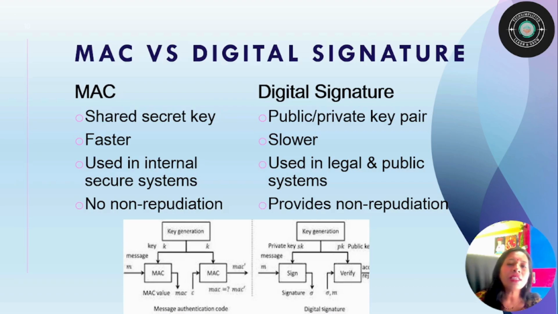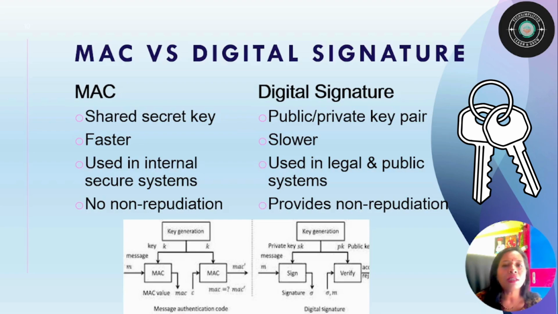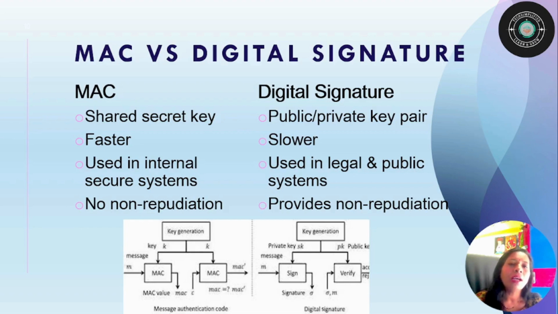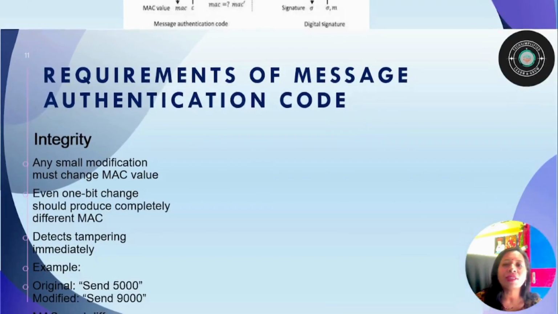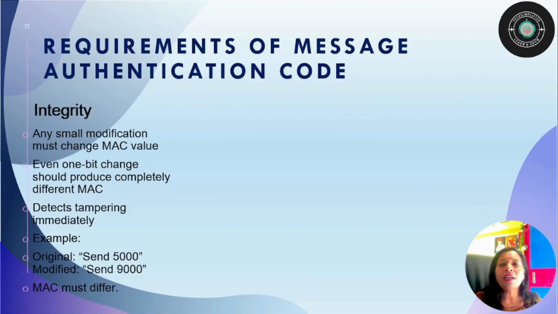While the digital signature uses asymmetric keys, where public and private key pairs are used, it is slower compared to MAC, but it is used in legal and public systems, and it also provides non-repudiation services.